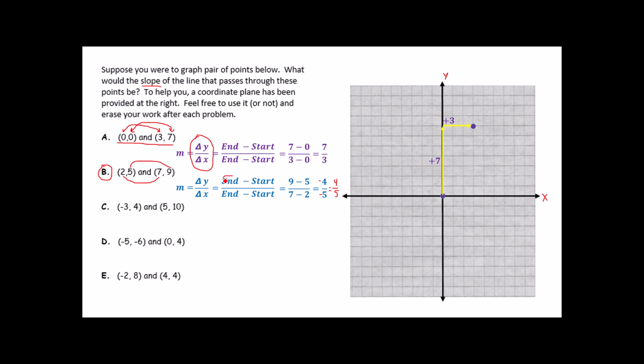Just make sure that if you use your ending as this coordinate, make sure your ending is that coordinate for both x and y. If I wanted to show this to you graphically, there's the point 2, 5, there's the point 7, 9. That is a rise of 4 and a run of 5. You have changed 4 spaces along the y-axis and 5 spaces along the x-axis.